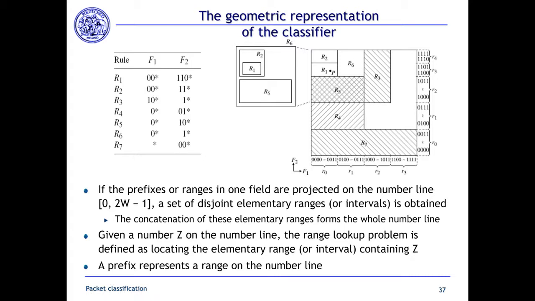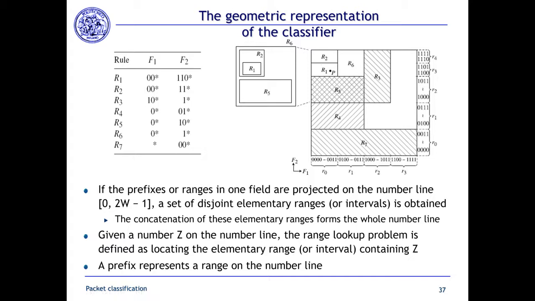In this case, it is rule 1. If you take R0 and R4, you identify another tile, which is this one here on the top. In this tile, the winning rule is rule 2.